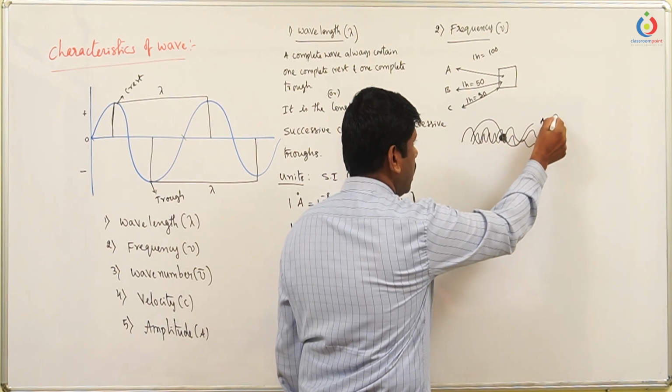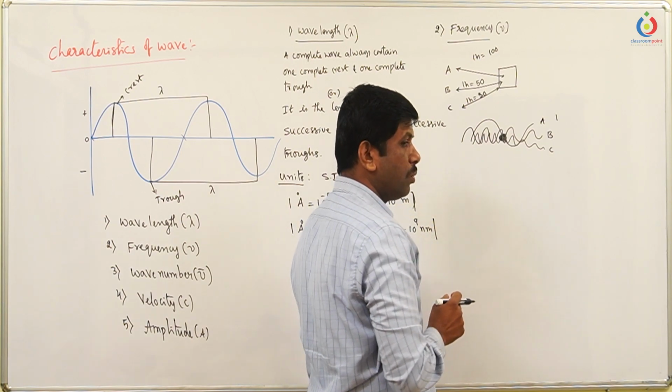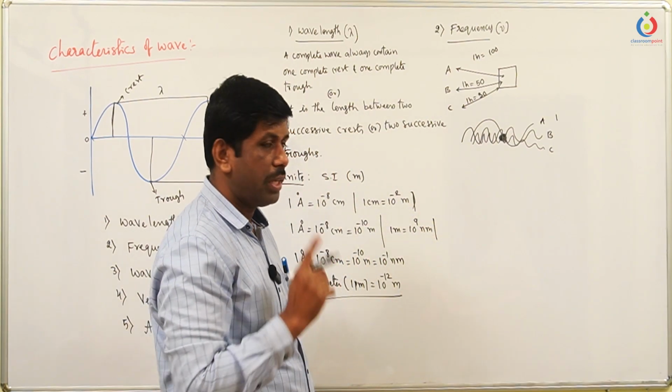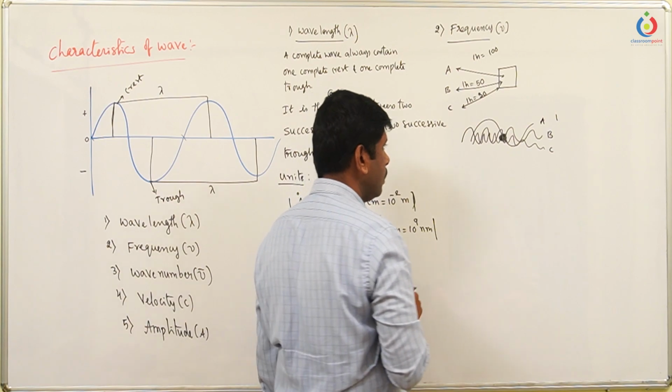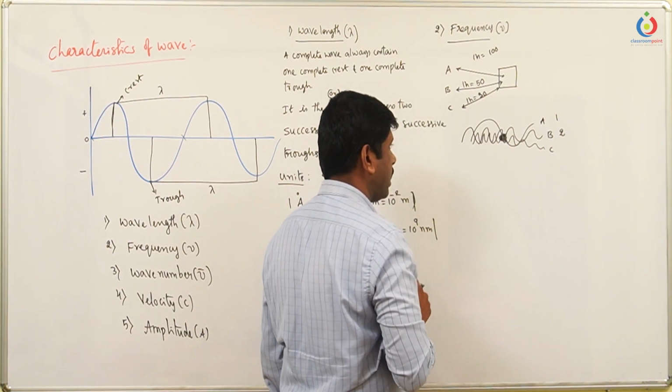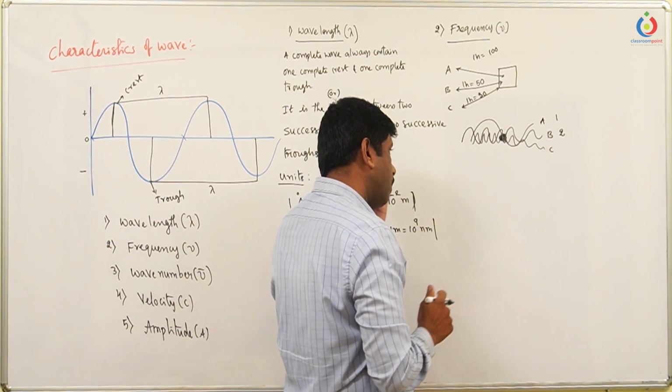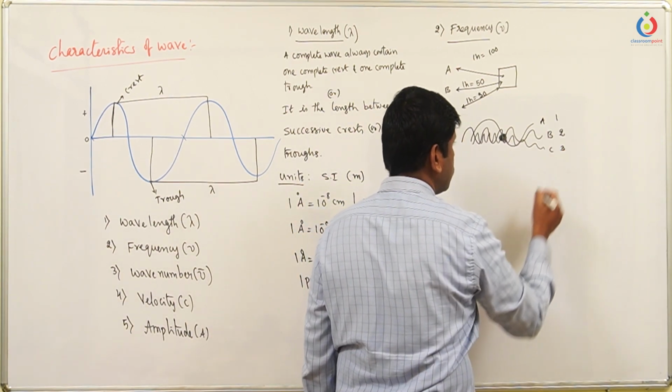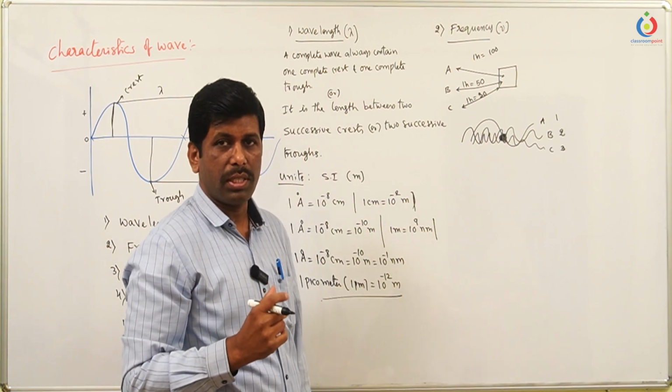In wave A, only one cycle passed, meaning only one wave passed through the fixed point in 1 second. Whereas in wave B, 2 cycles passed, meaning 2 waves passed. In the case of wave C, 3 waves passed. One wave is nothing but one cycle.